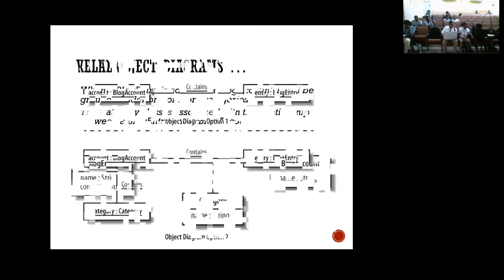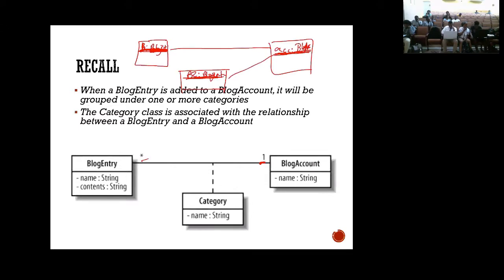So I was talking about association relationships. This is an association class, category. This line represents an association, right? The relationship between blog entry and blog account is considered an association.